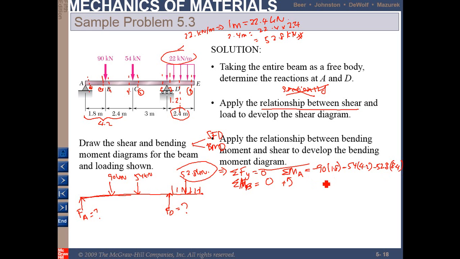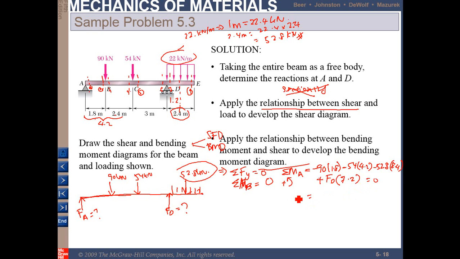And then you have a D, also you have D. So FD, because FD is going counterclockwise, so it is plus FD times 3 plus 2.4 plus 1.8, which is equal to 7.2, should equal to 0.